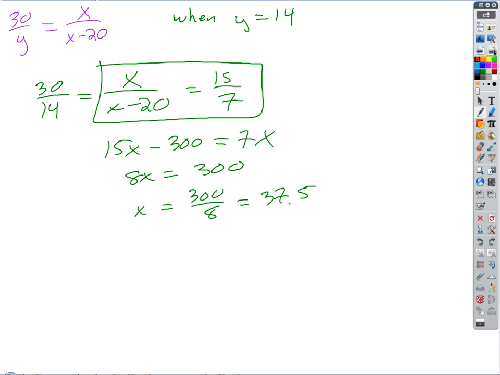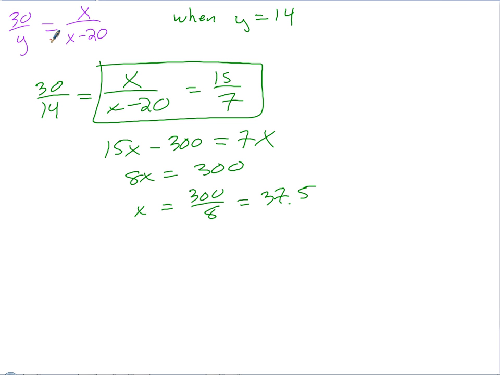So at 1 second, when y was 14, x is going to have a specific value. Where do we go to find that? We already knew this was the parent equation that related y and x. So all I have to do is plug in y equals 14 and solve for x, which is what I did.